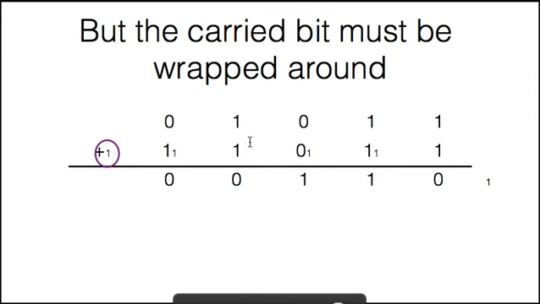Then here, 1 plus 1 is 0 carry 1. And then we have 0, 1 plus 1 is 0 carry 1. That carried 1 there at the end has to be fed back in around here. So that 1 has to go in there.